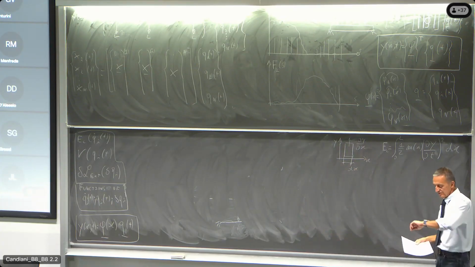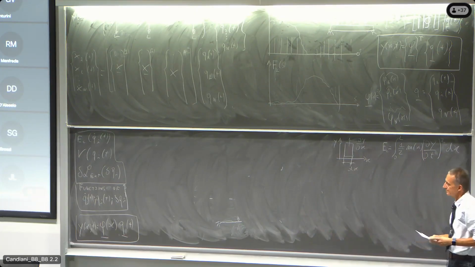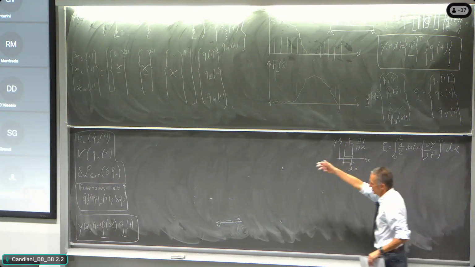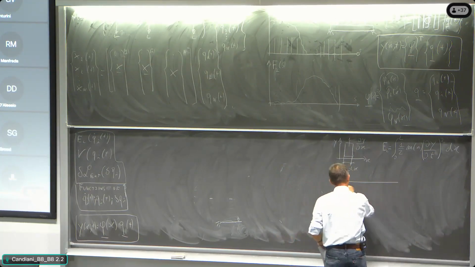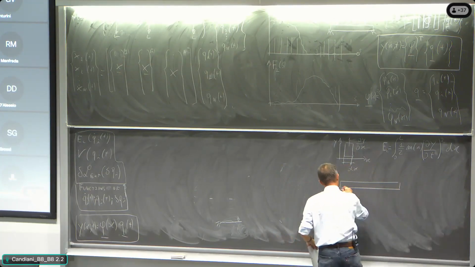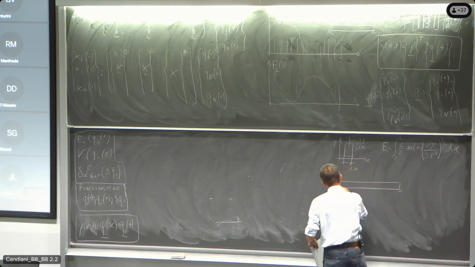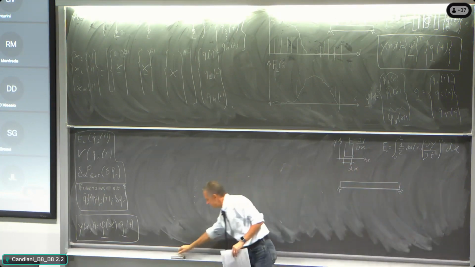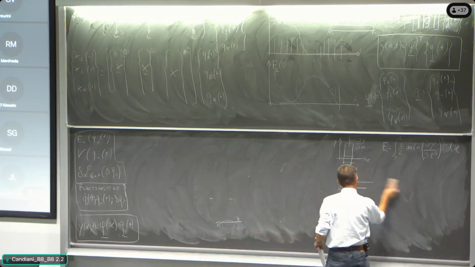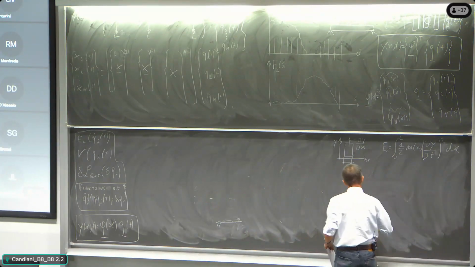Let's try to follow me. What is the meaning of what we are writing? We are going to write there. I have the beam or the tensioned cable. Let's make the example of the tensioned cable that is easier, but the example of the beam is exactly the same.